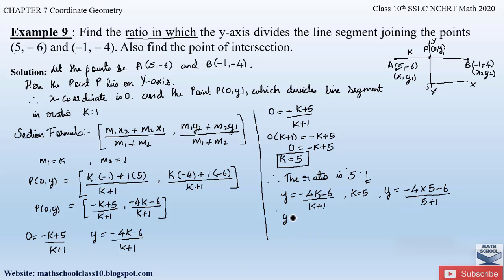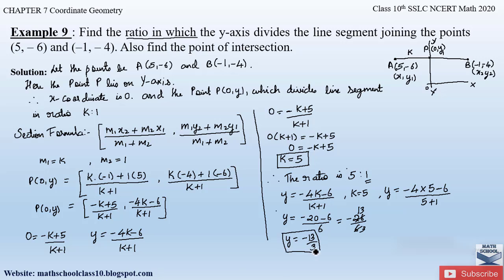So therefore we get y is equal to (-20 - 6) divided by 6, which is -26 divided by 6. So we can cancel in the table of 2. Two 3s are 6, two 13s are 26. So therefore we get the y value as equal to -13 divided by 3.